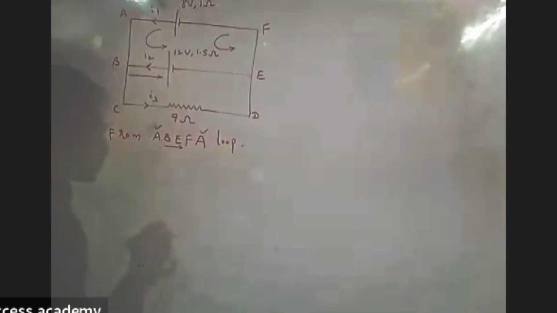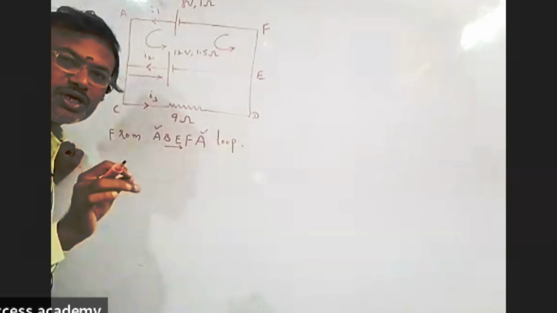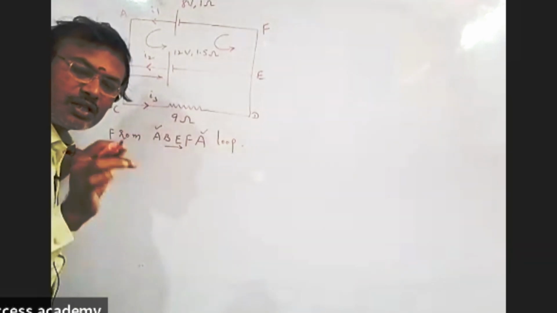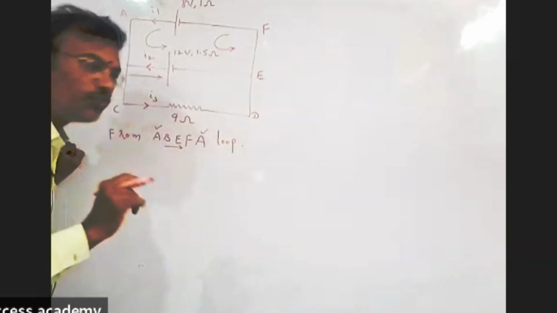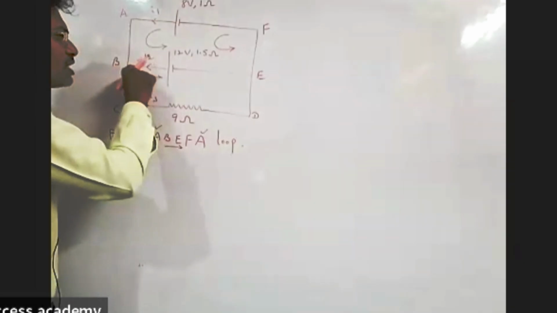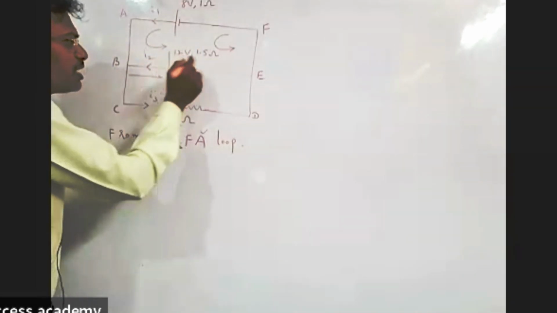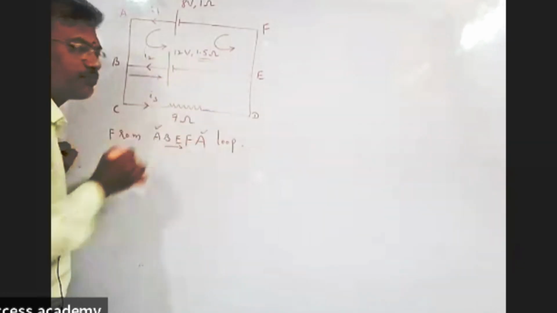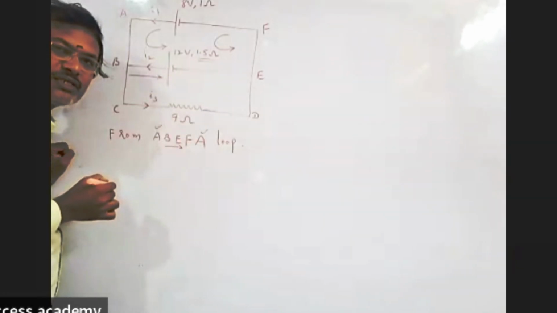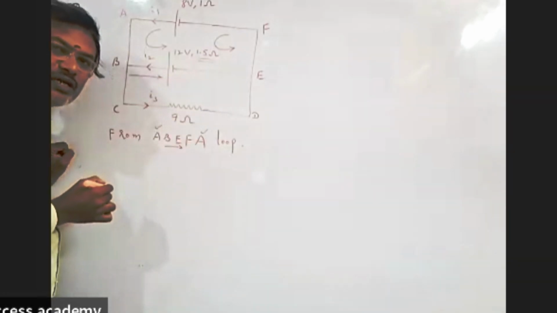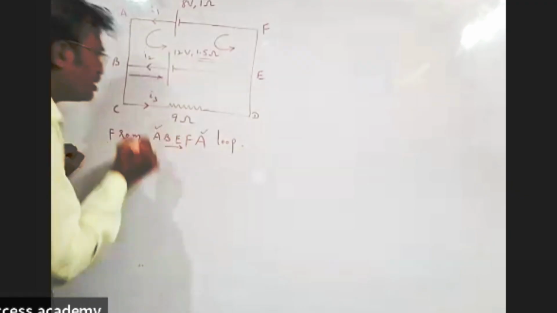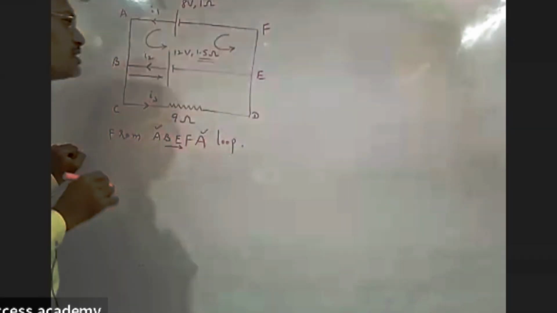So opposite to the direction of current, the potential difference is positive. But here there is no resistor straight away. Within the cell, internal resistance is present, and that is the reason here we are taking the existence of a cell.